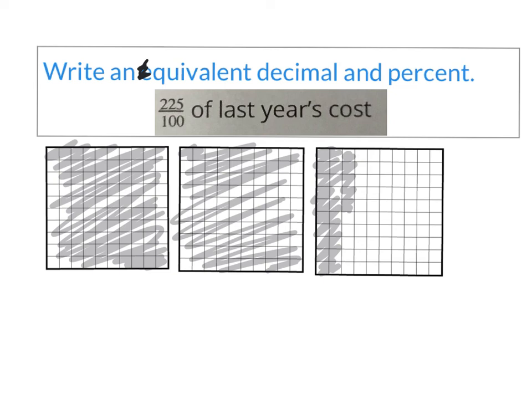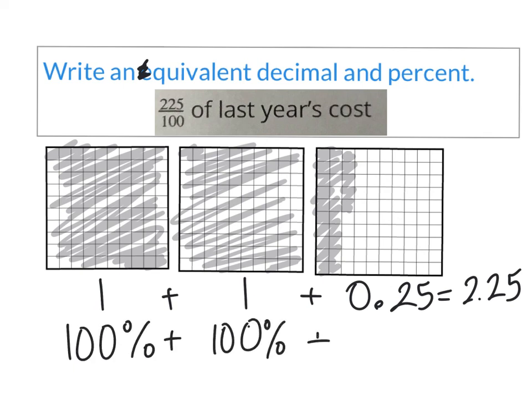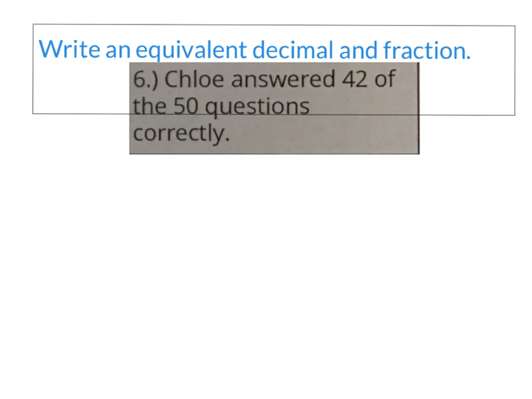When I look at this as a decimal, I have 2 and 25 hundredths. If I want to look at this as a percent, I have 100% plus 100% plus 25% equals 225%.